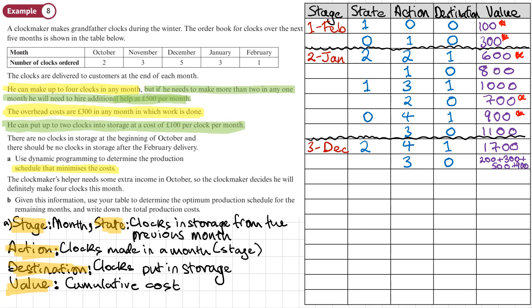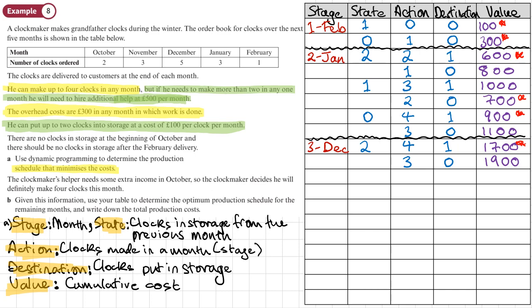And that gives a total cost of 1,900. So I'll put that in, 1,900. Now there are no other options for this state, so I'll take my lowest cost, and that's going to be 1,900. Sorry, 1,700.